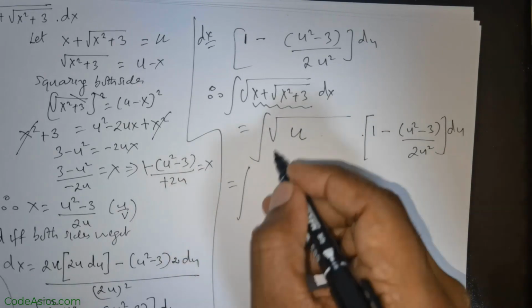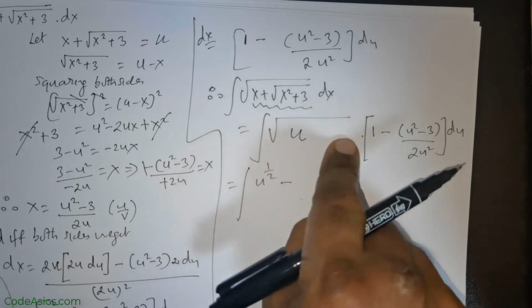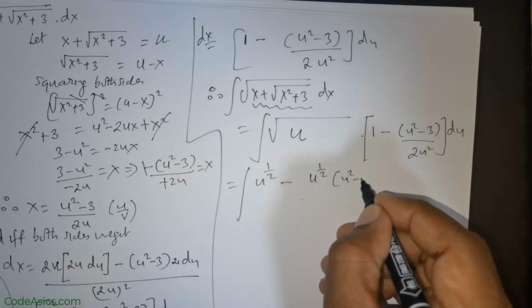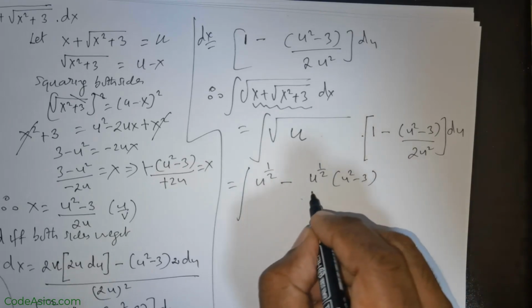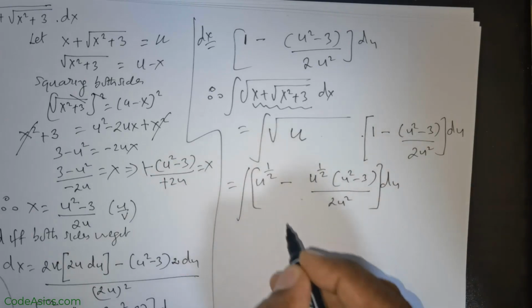So this is going to be u raised to the power of 1 over 2, I'm just distributing the value, times u squared minus 3 divided by 2 times u squared times du. So this is what you've got.